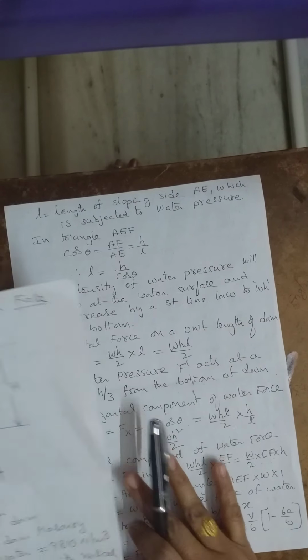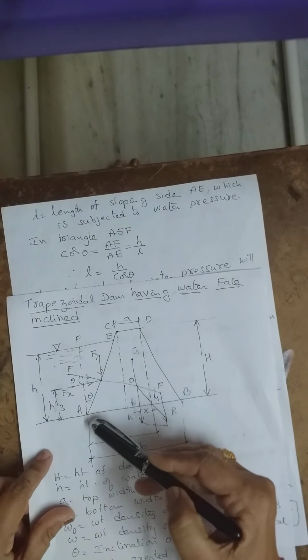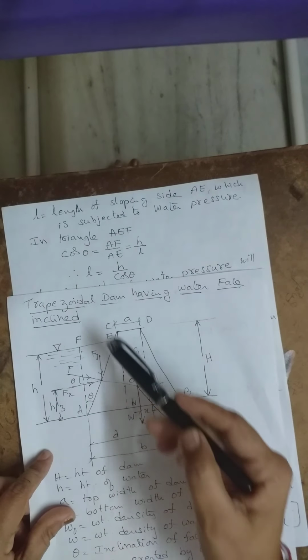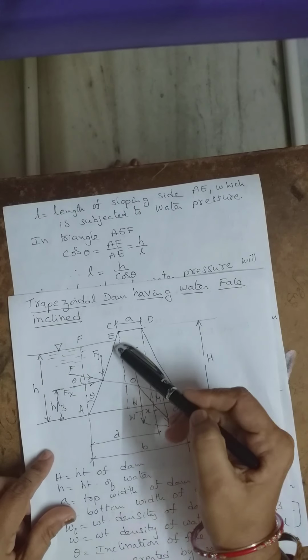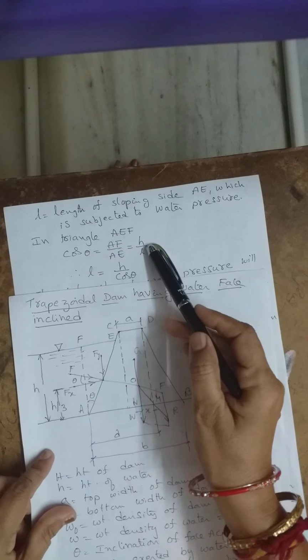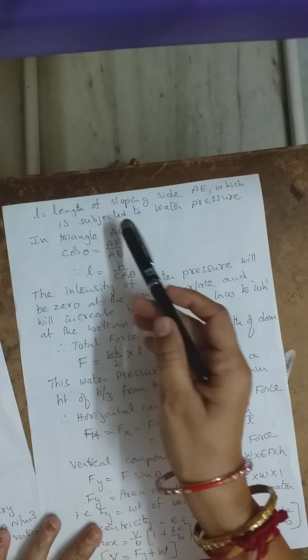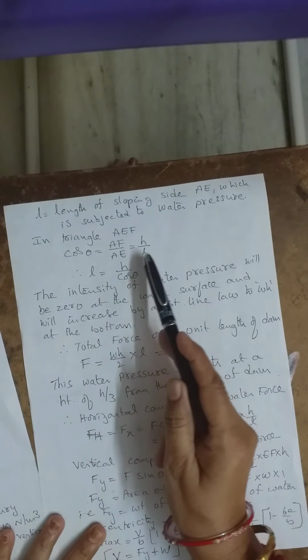If we consider the triangle AEF, in this cos theta is AF by AE, which is AF is H, AE is L. So we can find out the sloping length of the side AE, that is L is equal to H by cos theta.